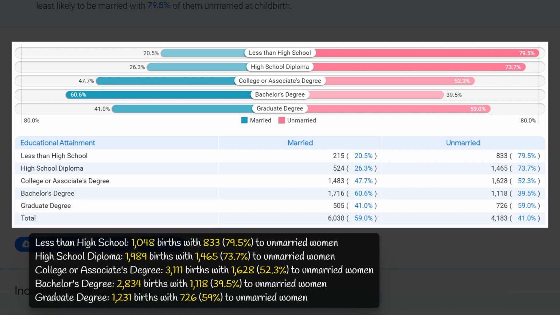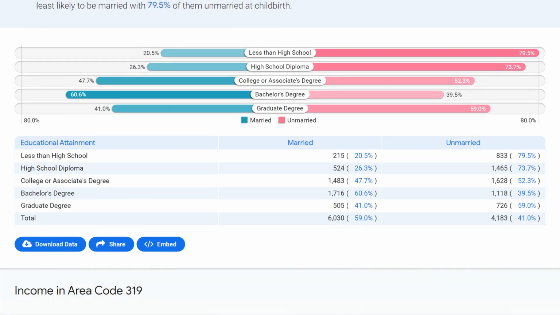This trend continues for those with a high school diploma and a college or associate's degree, with rates of 73.7% and 52.3%, respectively. This data suggests that in this area, education level may influence the likelihood of non-marital childbearing, with those with less education being more likely to have children outside of marriage.